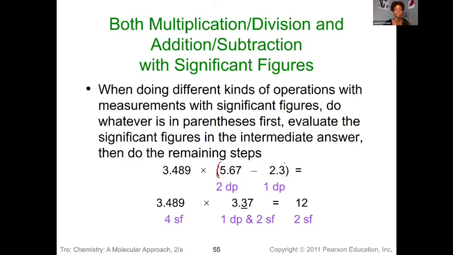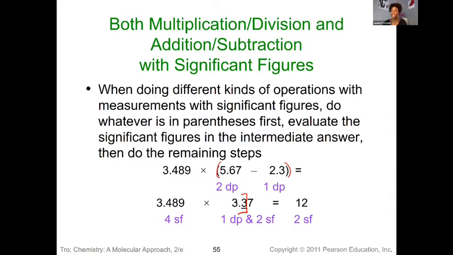If we focus on that parenthesis portion, when we plug this into our calculators, we end up getting 3.37 out. But if that 5.67 minus 2.3 was the final part of the problem, the rule we would be following is that we're looking for the fewest number of decimal places, with that being a subtraction step.